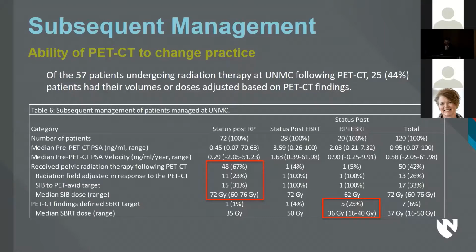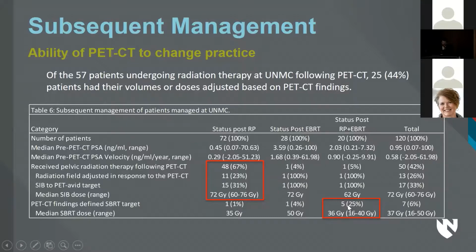In 31% of patients, there was a simultaneous integrated boost to increase the dose to those positive lymph nodes. The median boost dose was 72 gray. Additionally, one patient underwent SBRT to a distant target that was identified on a PET CT.